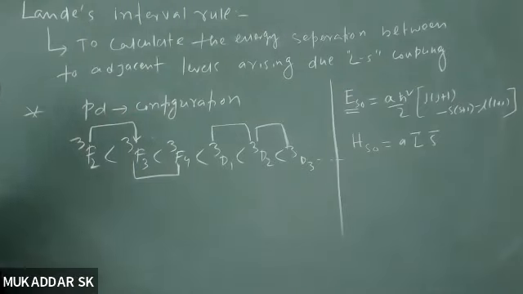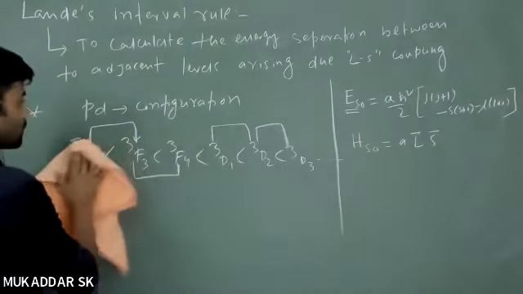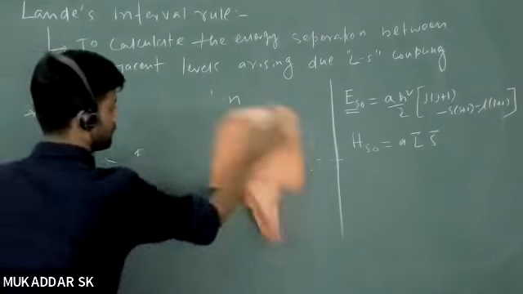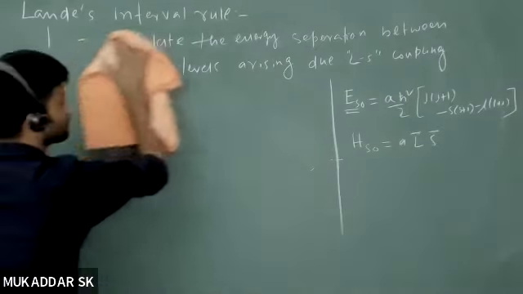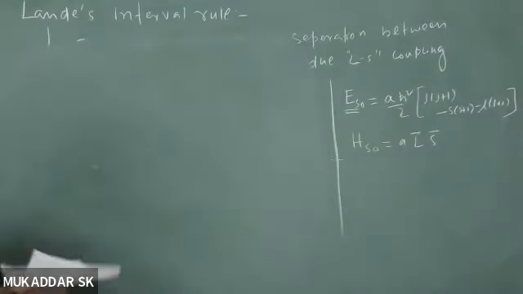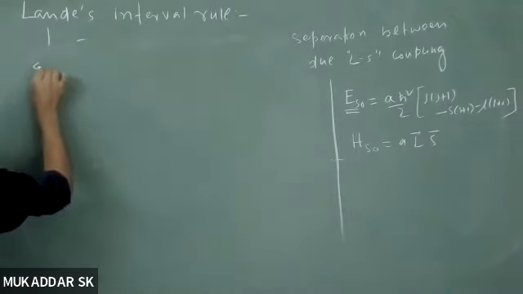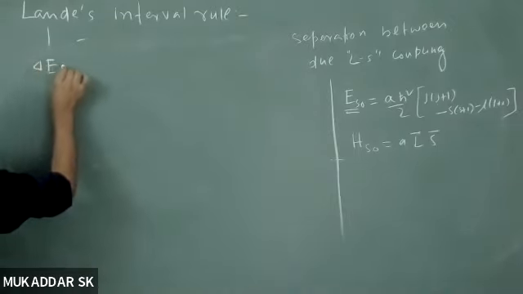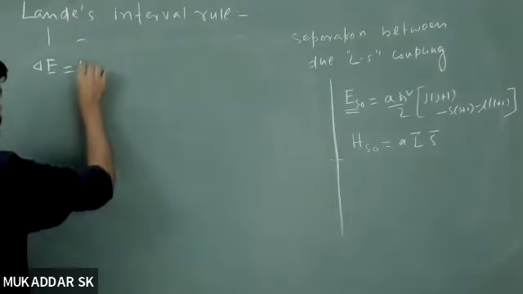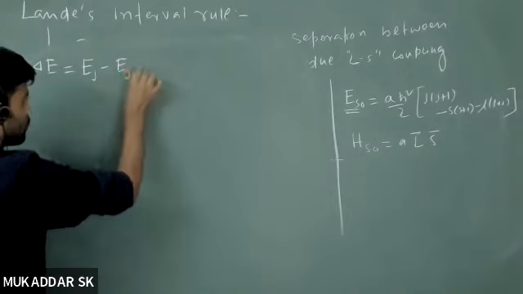Now can you calculate E_J plus 1? What I am saying is the energy separation between two levels. So this is your spin orbit energy. So the energy separation delta E is basically E_J minus E_J minus 1.